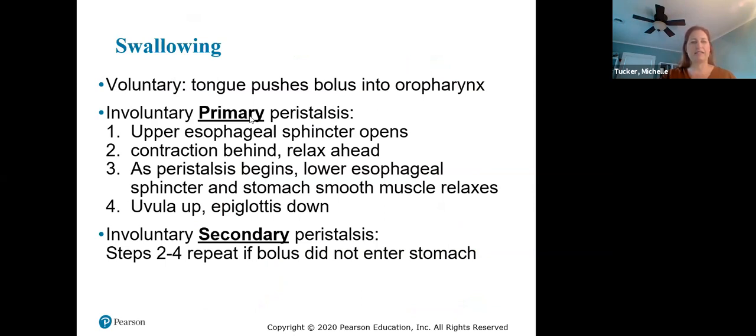That initiates the involuntary part, where the upper esophageal sphincter opens, the uvula moves up, the glottis moves down, and the lower esophageal sphincter in the stomach muscle is going to start to relax. There is a secondary movement if the first is not complete. We will continue with that swallowing reflex until the bolus moves past that upper esophageal sphincter.